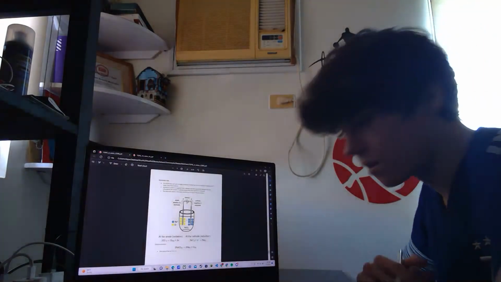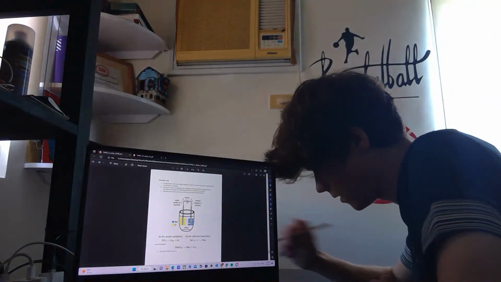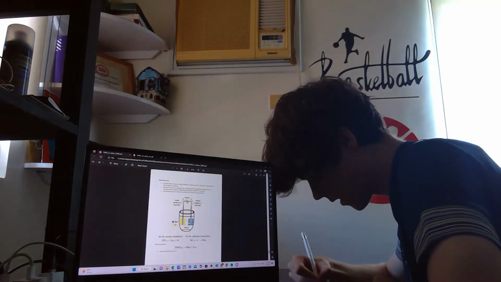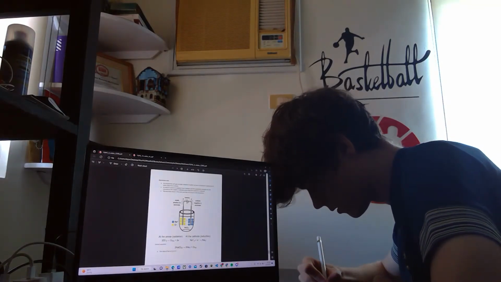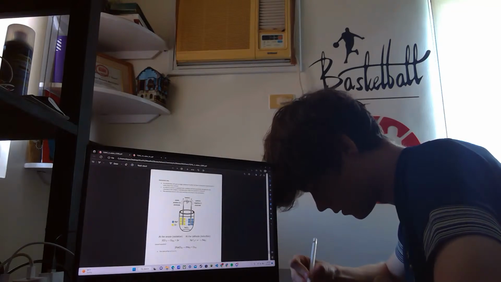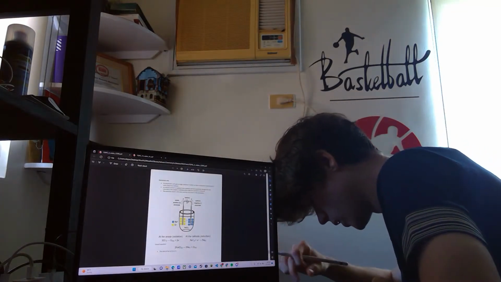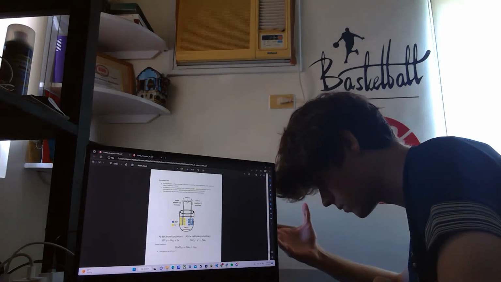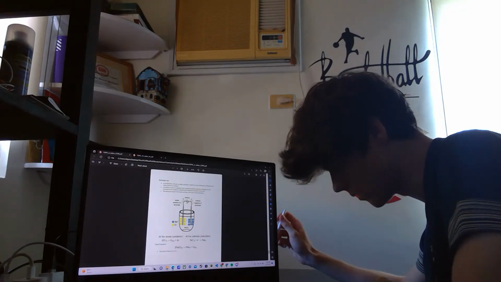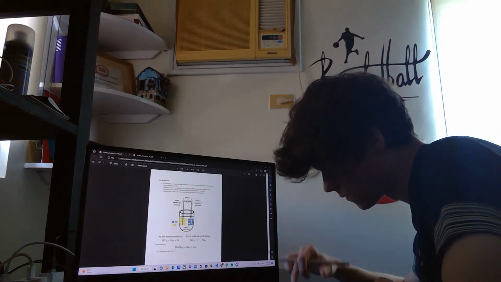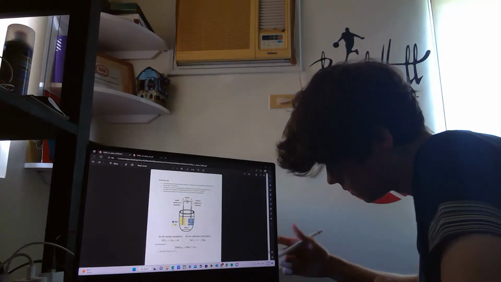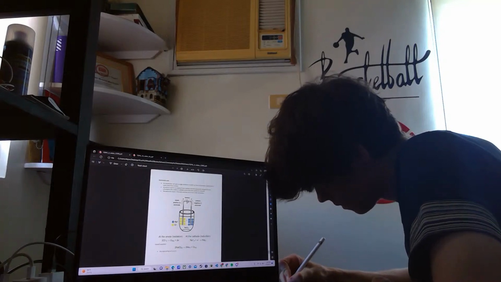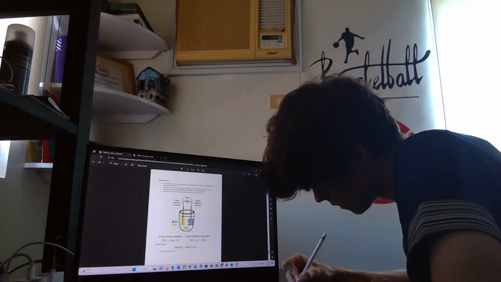This diagram probably makes no sense, but essentially chlorine anions are going to be attracted to the anode and form chlorine gas once they get stripped of their extra electrons, if I'm not mistaken. And that's going to force it into the cathode, where the zinc 2 plus is going to just become solid zinc.